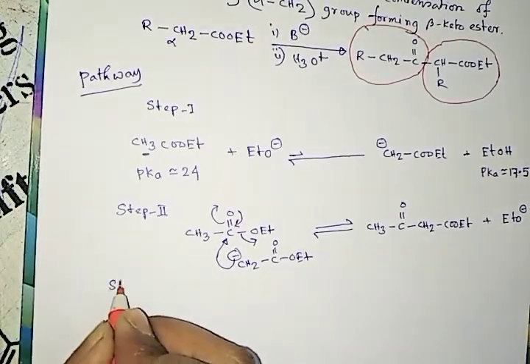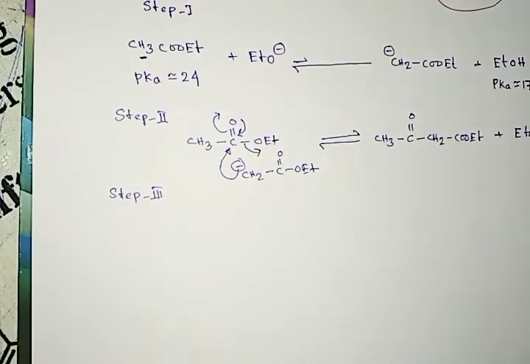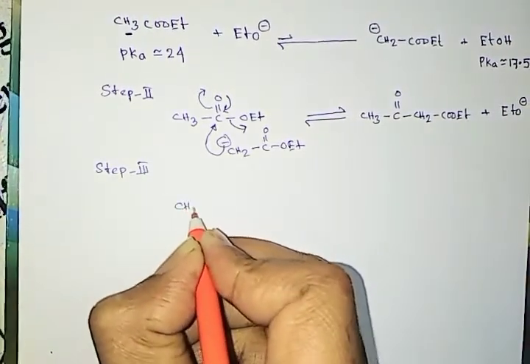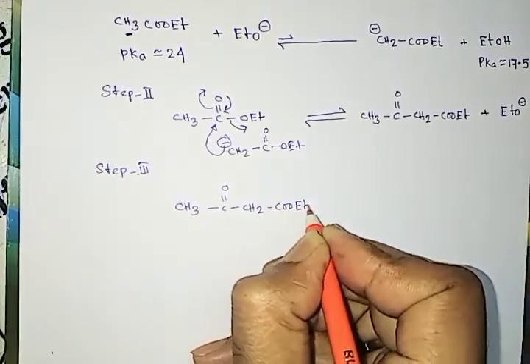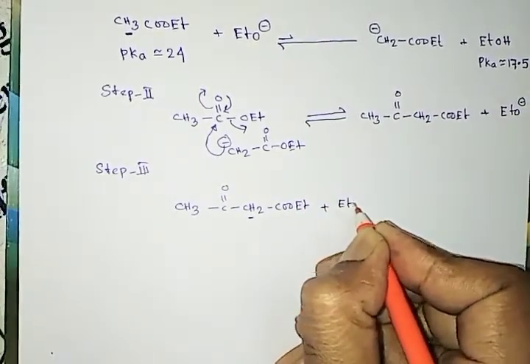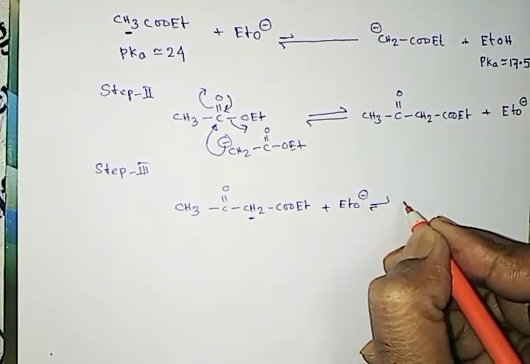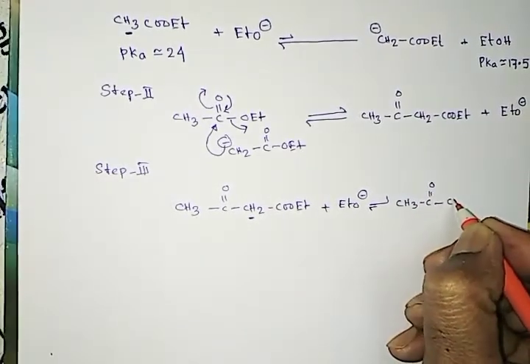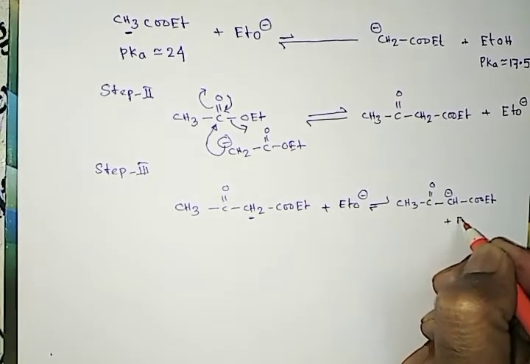In the third step, this proton is abstracted by ethoxide anion to make a salt, plus ethanol.